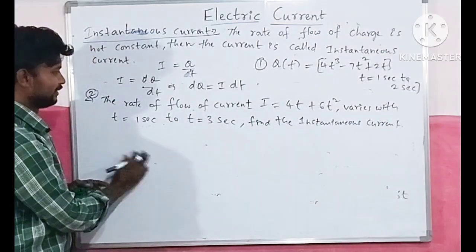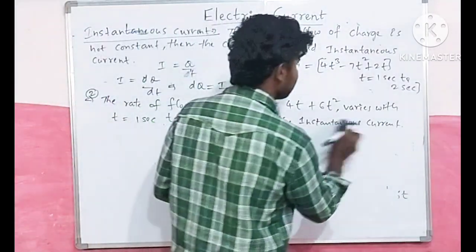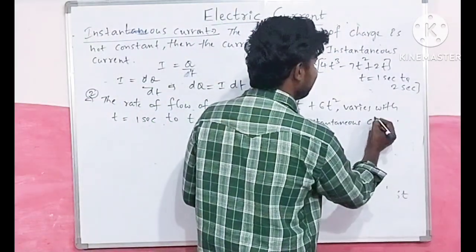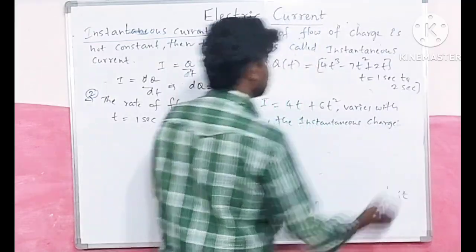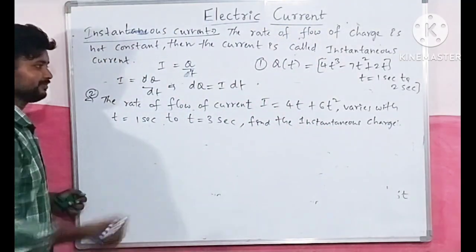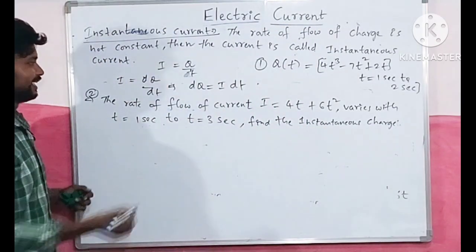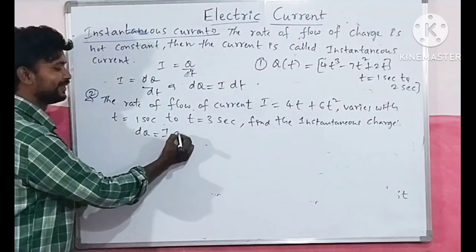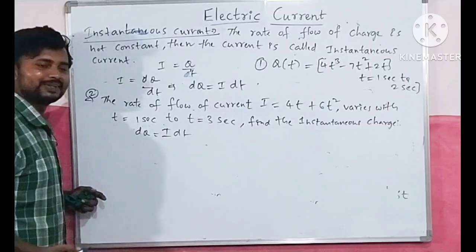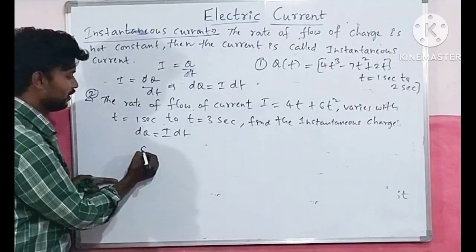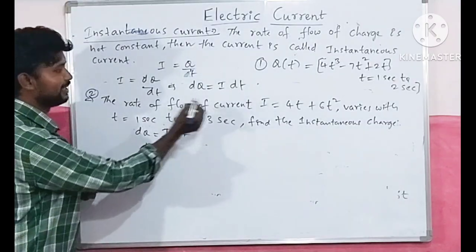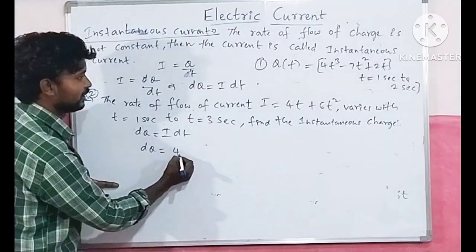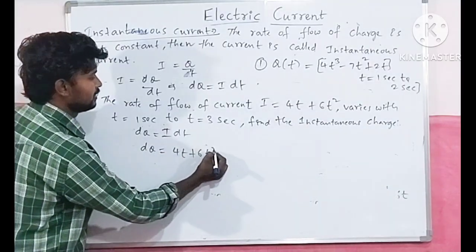So here we find the instantaneous charge. Charge dq equals I into dt. What is I? It is 4t plus 6t square.